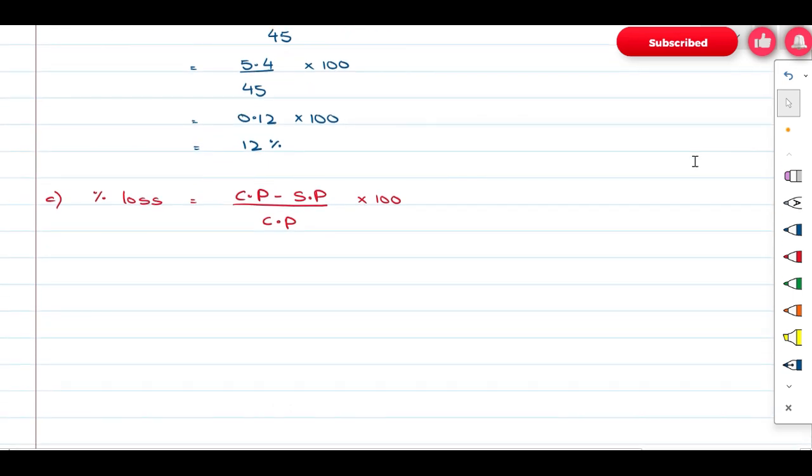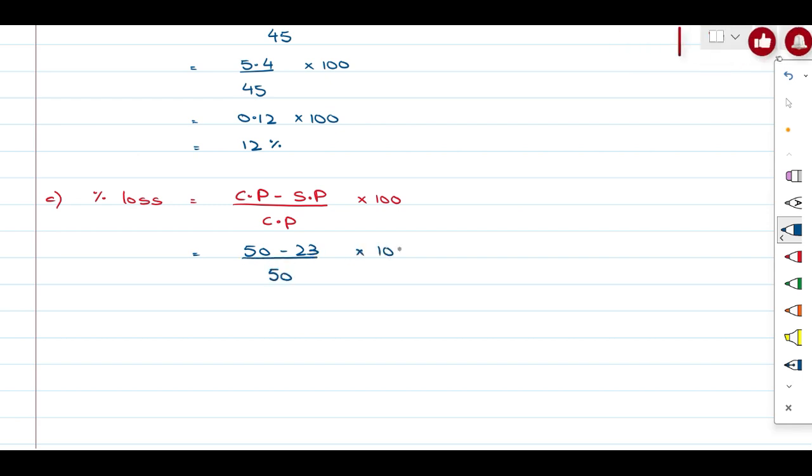So this is 50 take away 23 divided by 50 times by 100. From 50, if you take away 23, it's just 27 over 50 and times by 100.